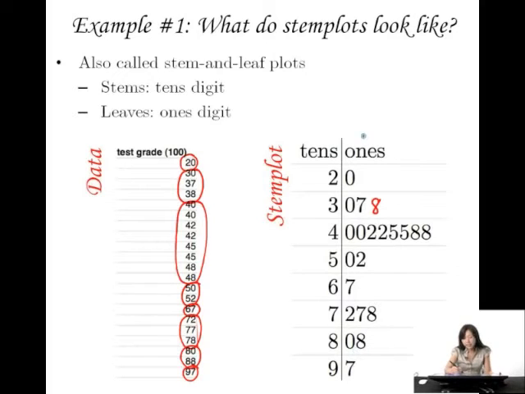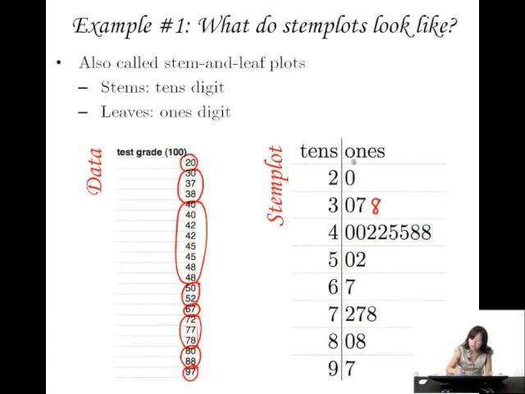Now, when you look at this stem plot, to read each of these values, you can't read this as 3,078. You have to read it as a 30, a 70, a 30, a 37, and a 38, right? And this is a 40, a 40, a 42, 42, 45, 45, 48, 48, right?